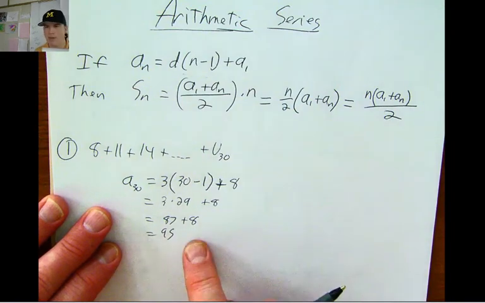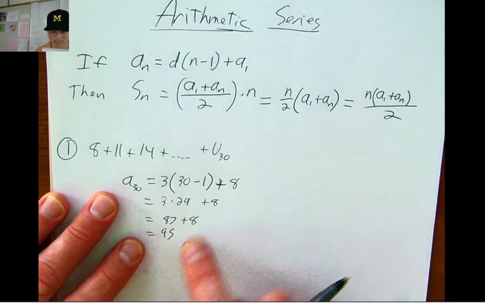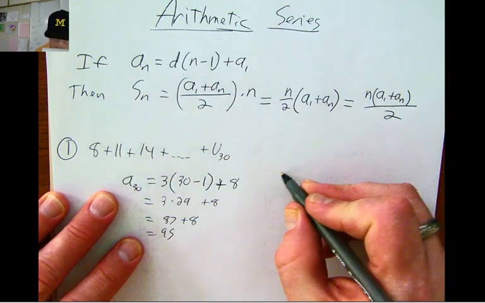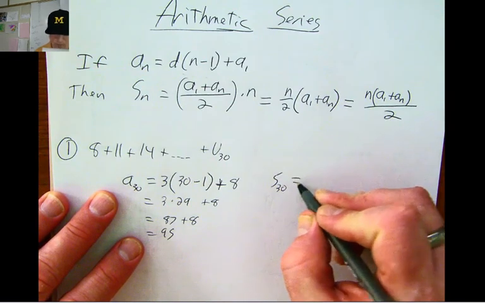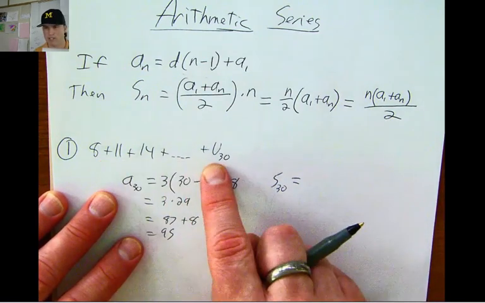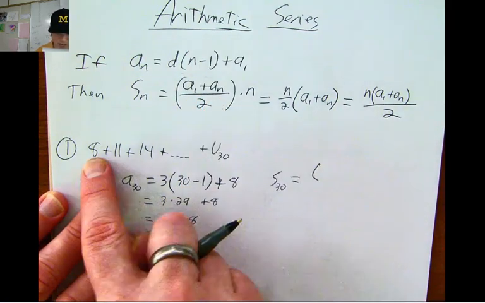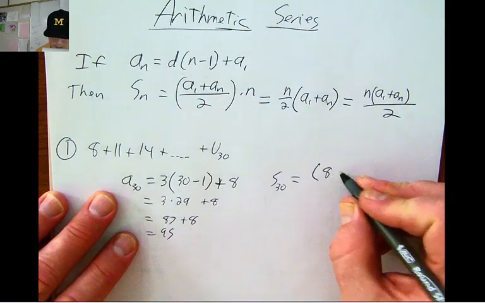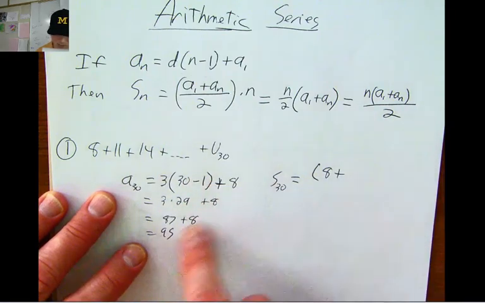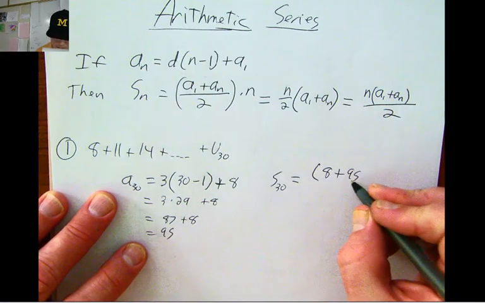So I know that a30 is 95, so now I can go ahead and work out S30. S30, the sum of these first 30 terms, is a1 plus an, so a1 is 8, plus an, that was u30, which is 95.